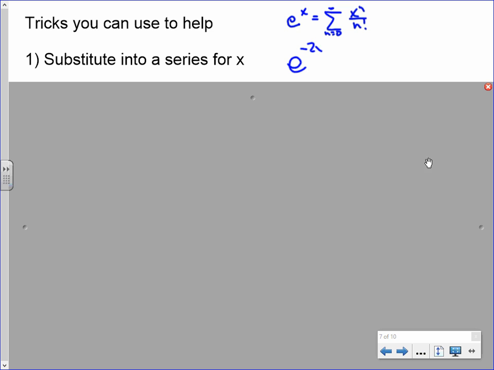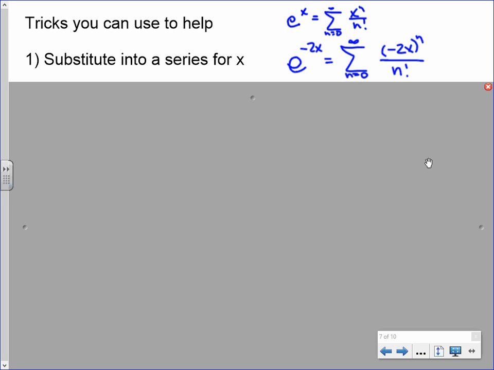E to the negative 2x. All we have to do, instead of x, is use negative 2x. No need to actually take all those derivatives. Was that our answer for our first example? It was. Not slick? Which makes it good, right?